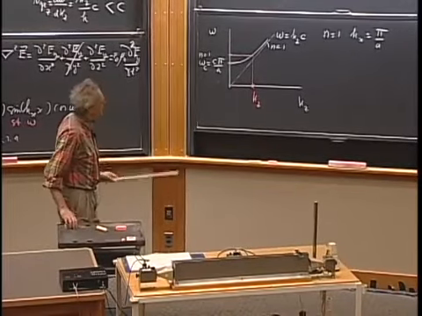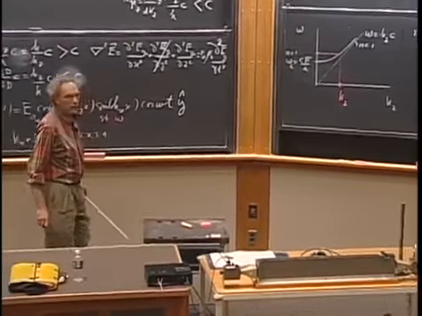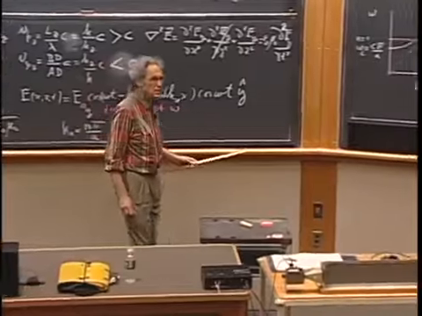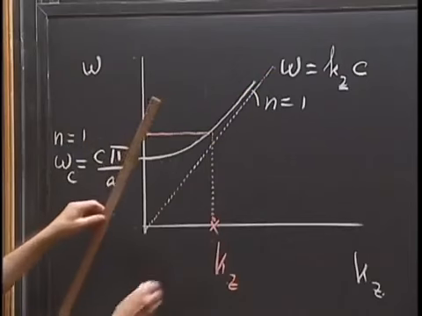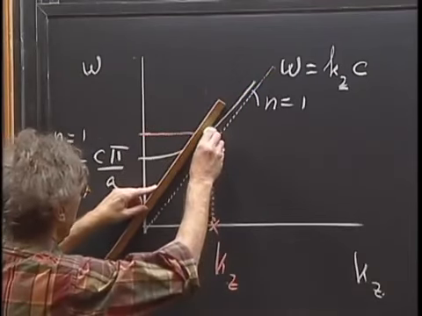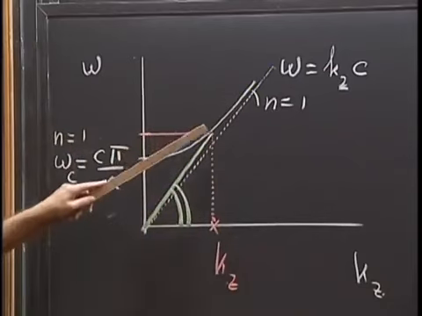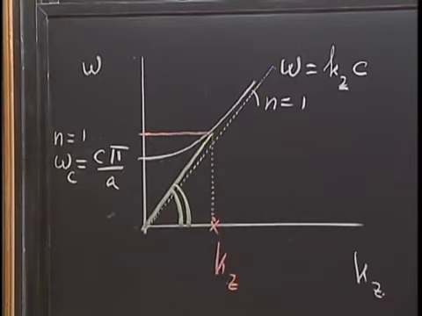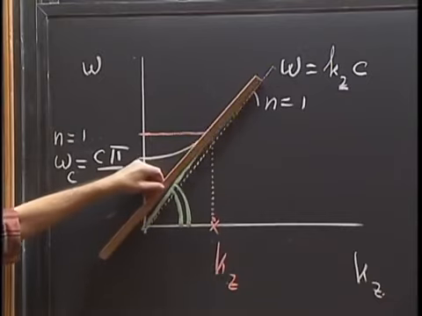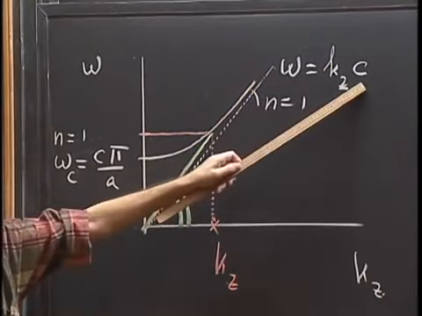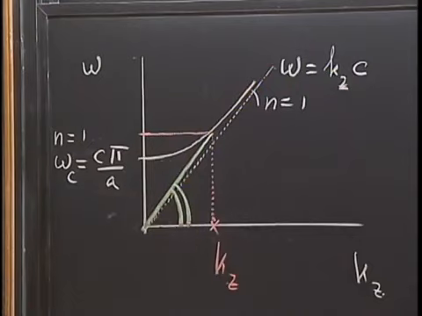You can immediately see here that the phase velocity is larger than c, because the phase velocity is omega divided by kz. And so when I draw this line, then this slope here, omega divided by kz, is larger than this slope, which corresponds to a speed c.